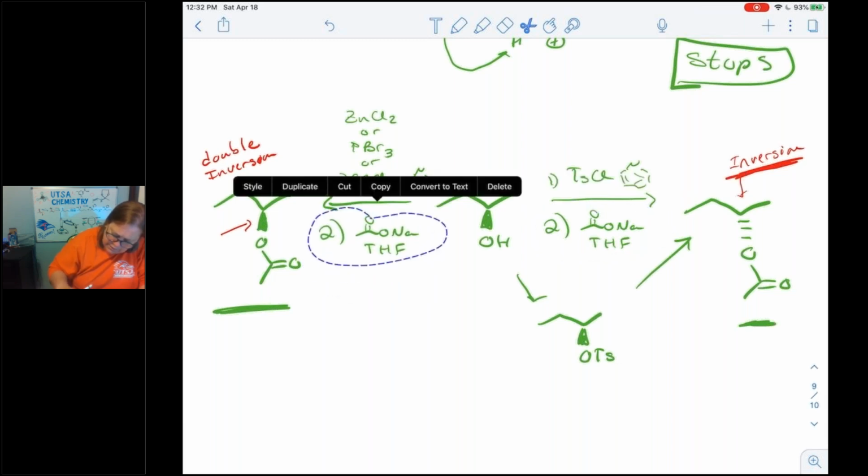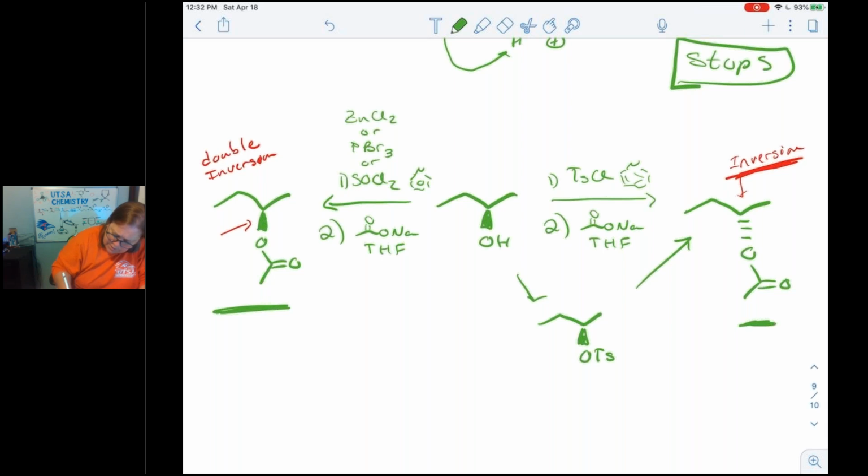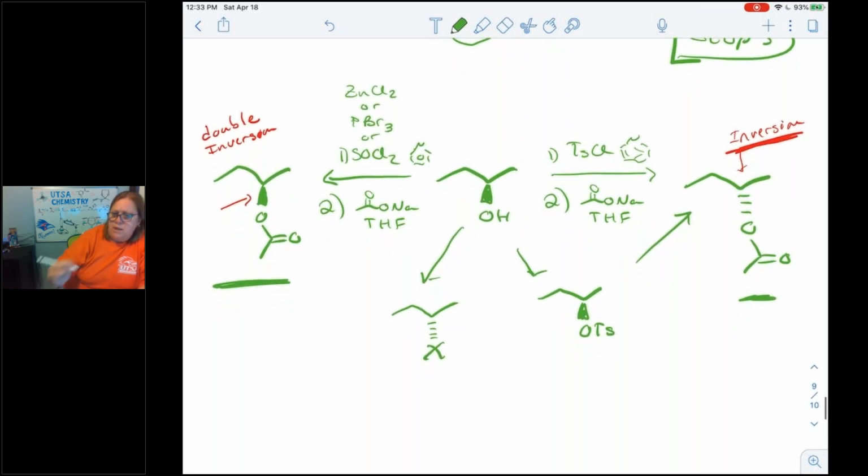And so again, the difference between these two mechanisms is at first, I would substitute off the hydroxy group, invert the chiral center because my halogen would come in and do a backside attack. And then of course, I do a second SN2 reaction, okay, and I would get that.